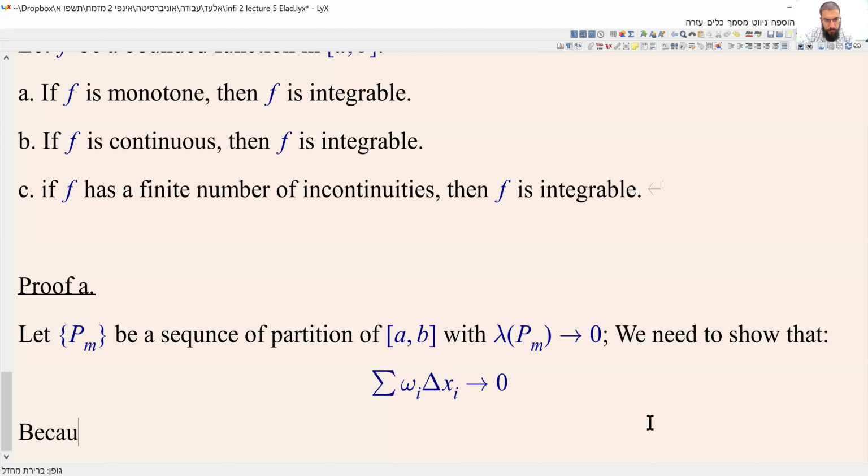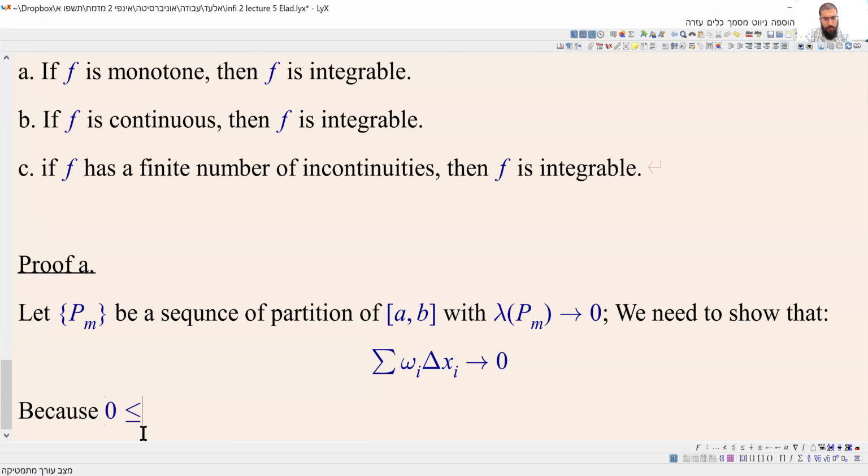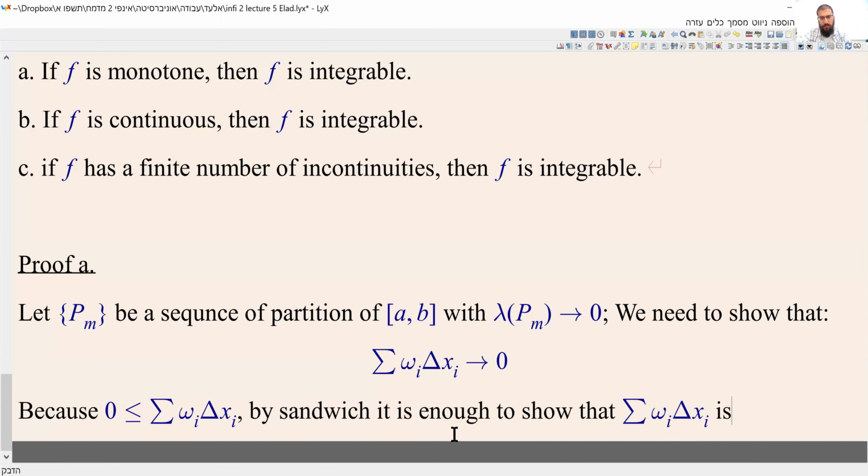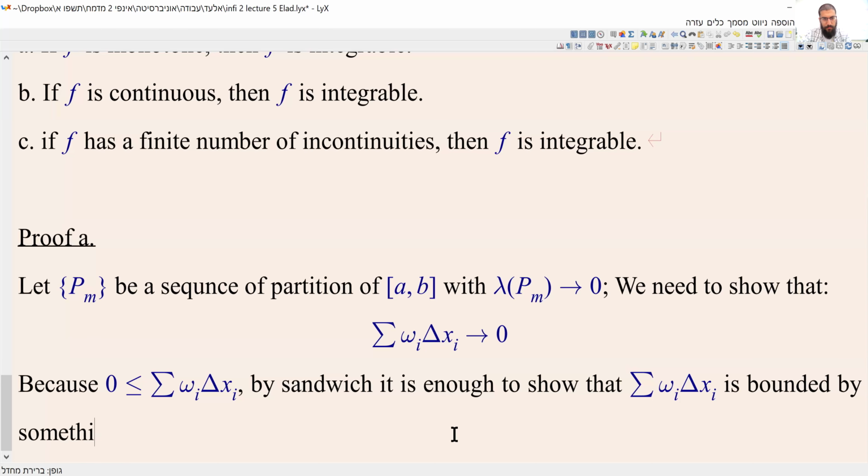So, because the sum is greater than 0, by the sandwich rule, it is enough to show that our sigma is bounded by some expression, by something that tends to 0.